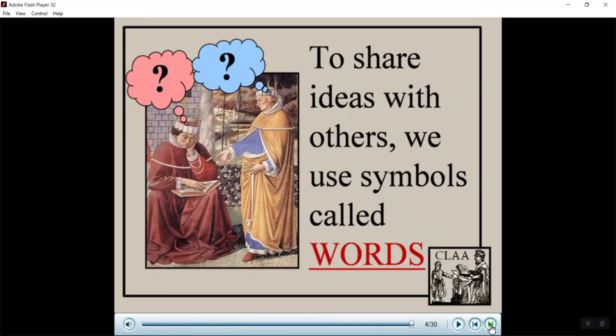We all need to share our ideas with others, and to do this we use symbols called words. Words are symbols of ideas.